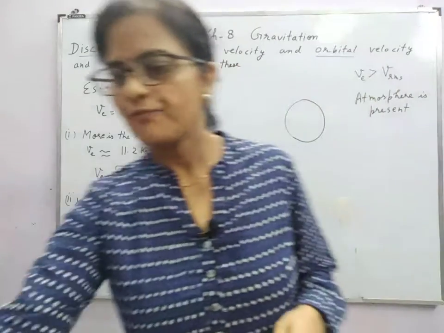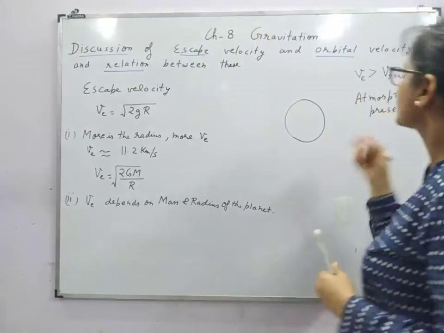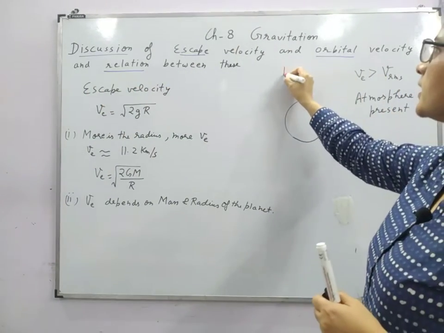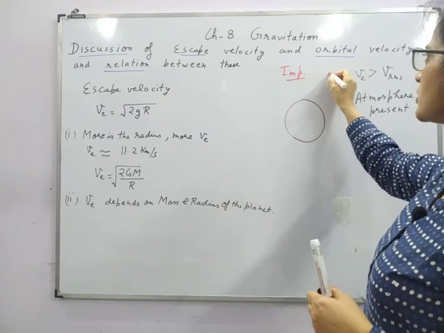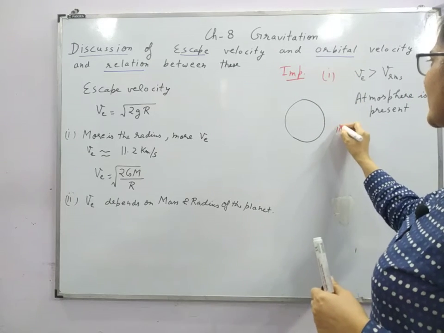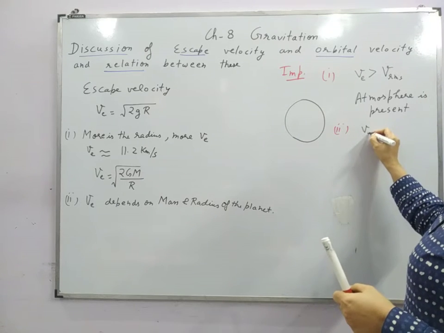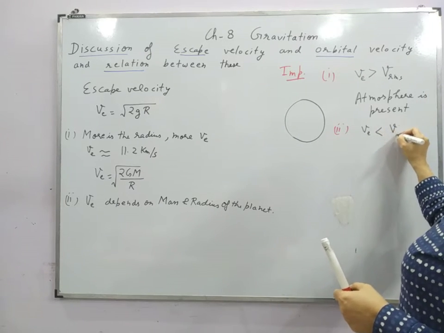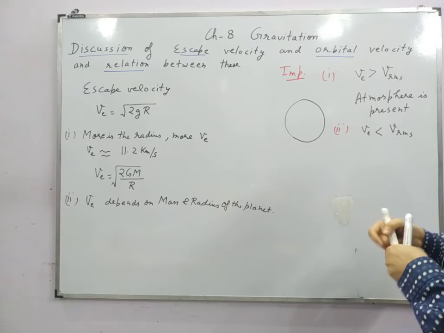And if escape velocity is less than the RMS velocity of gas molecules, then the atmosphere will be absent. So this is the first point, and second is on the basis of this only, if escape velocity is less than the RMS velocity of the gas molecules, then atmosphere absent.